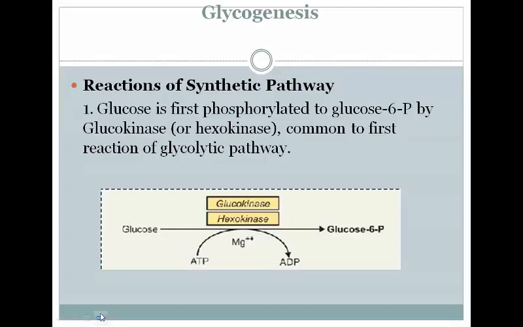In this reaction, glucose 6-phosphate is formed from glucose, which requires ATP, adenosine triphosphate, which will give a phosphate group to glucose and form ADP, adenosine diphosphate. In presence of magnesium and the enzyme glucokinase or hexokinase, glucose will convert to glucose 6-phosphate.